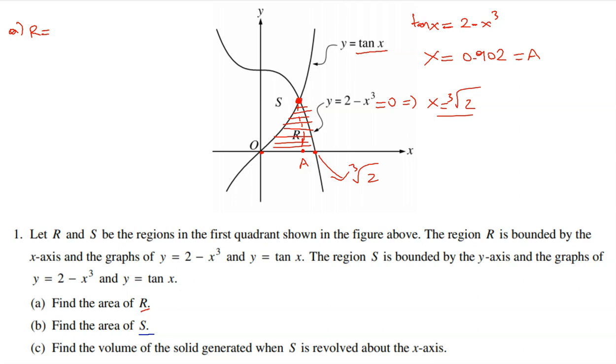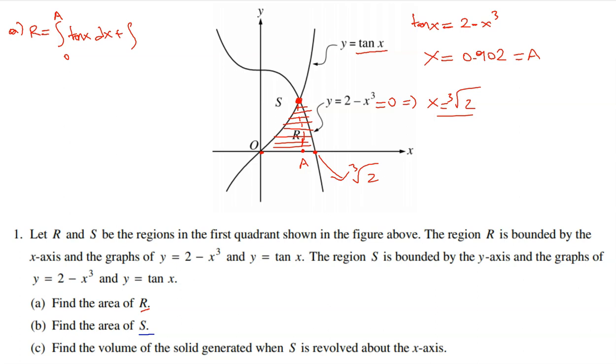So let's set up the definite integrals, from 0 to a, and in this part, that area is under curve tangent x. So we're going to put the integral of tangent x dx, and plus.